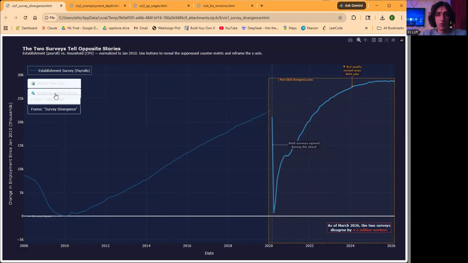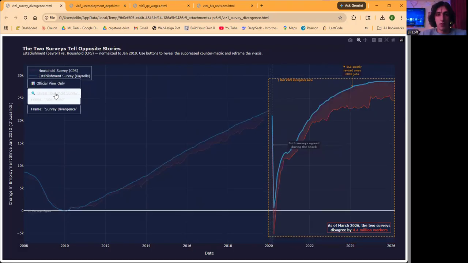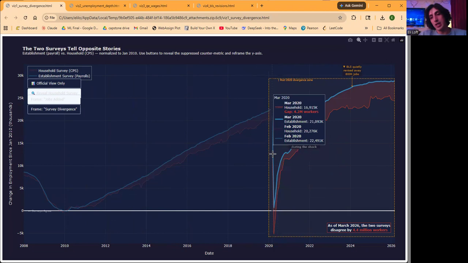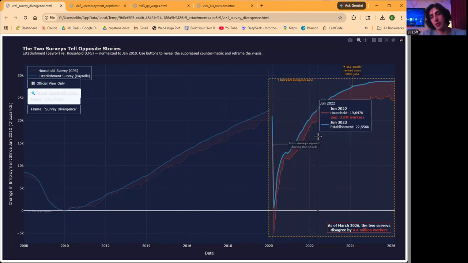Now, this is known as the household survey. We see that these are still very highly correlated, right? However, the household survey is significantly less, not too bad up until COVID. And then as we get further and further, we see a growing gap in workers.